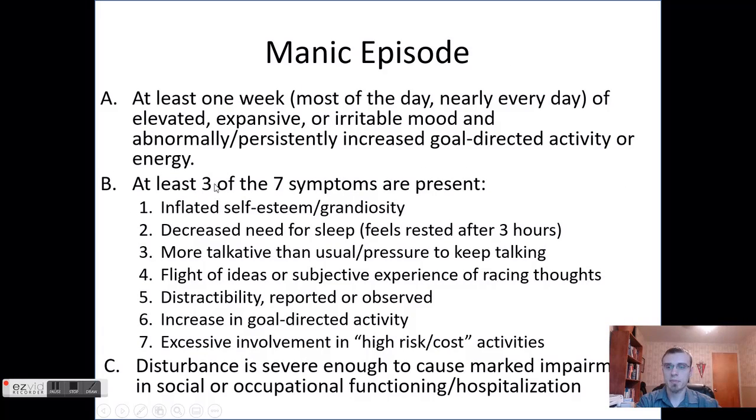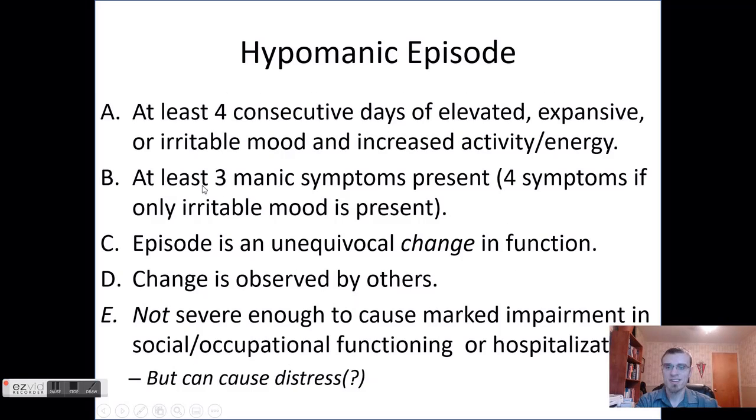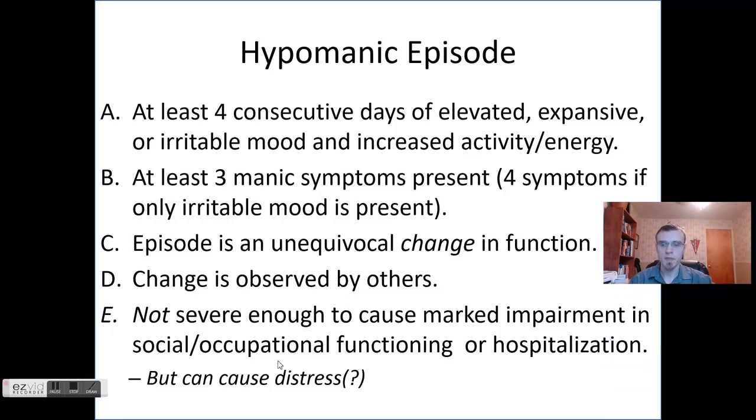When you look up at the manic episode, at least 3 of the 7 manic symptoms have to be present here too, so that's the same. Episodes unequivocal change, but here's really the main kicker down below. Not severe enough. So this condition has to actually be not severe enough to cause marked impairment in social or occupational functioning or hospitalization.